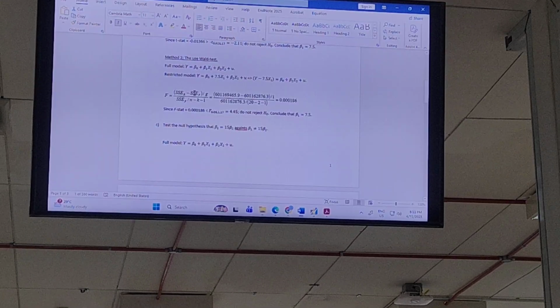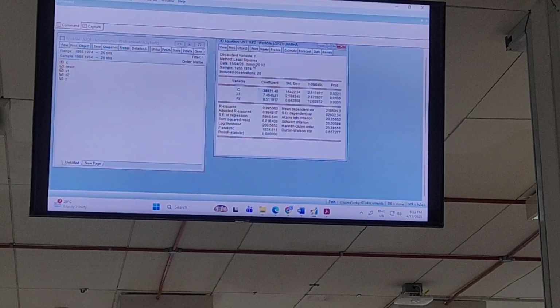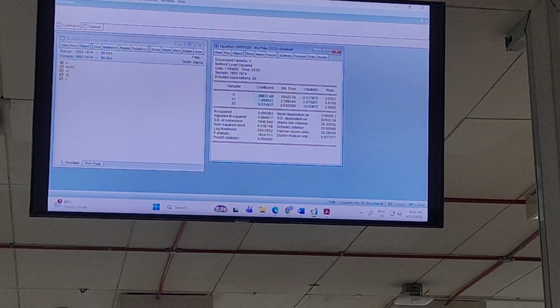So this is the F table. For the model that we estimated just now, you can perform the Wald test easily without having to estimate the two models separately. You can just estimate the full model. For example, I mentioned before during the midterm test.